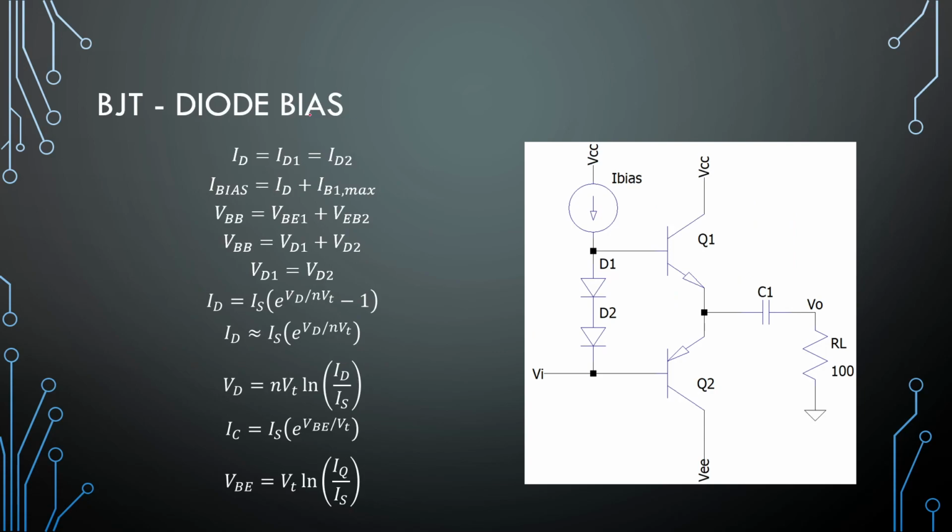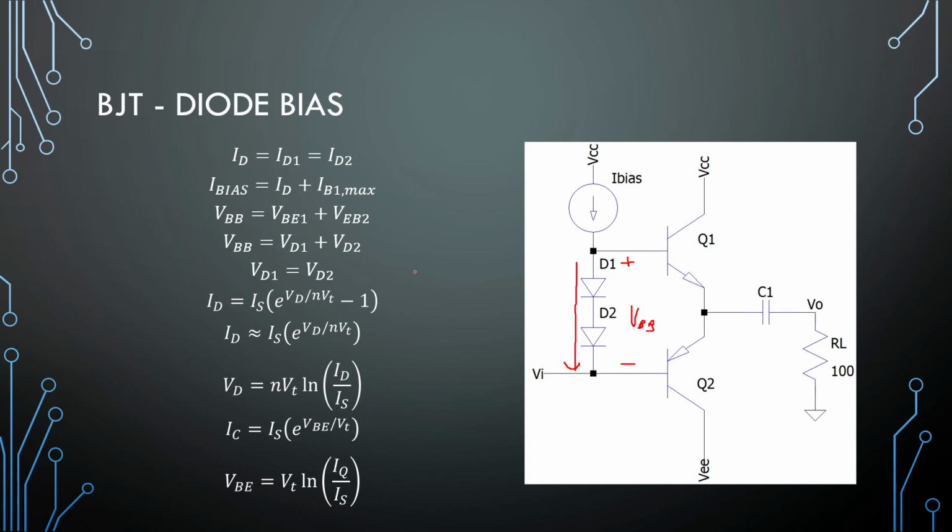The first way to create a Class AB amplifier is by applying two diodes here on the base of the transistors to bias them. The current flowing in the first diode is the same as the current flowing in the second diode, and this will create our VBB value.